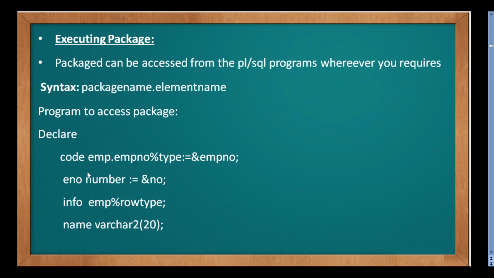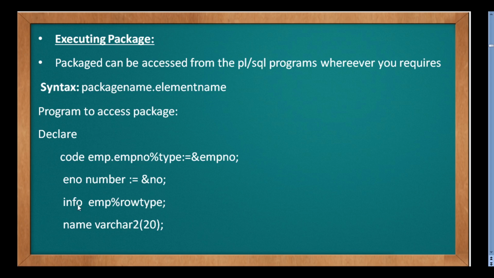So, declare. In the declare section I declared 4 variables. One is code of type employee_number%type from the employee table, equal to ampersand employee number. I want to read this employee number at runtime. Next, e_number; yes, 2 times I want to read the employee number separately.